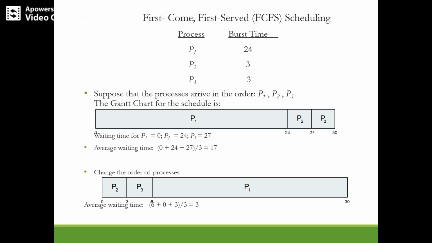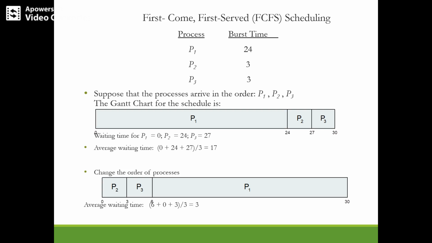If we try to change the order, let's say process P2, P3, P1, what will be the average waiting time? If you think about it, with the order P2, P3 and P1, the waiting time of process P2 is 0, the waiting time of process P3 will be 3 milliseconds, and the waiting time of process P1 will be 6 milliseconds.